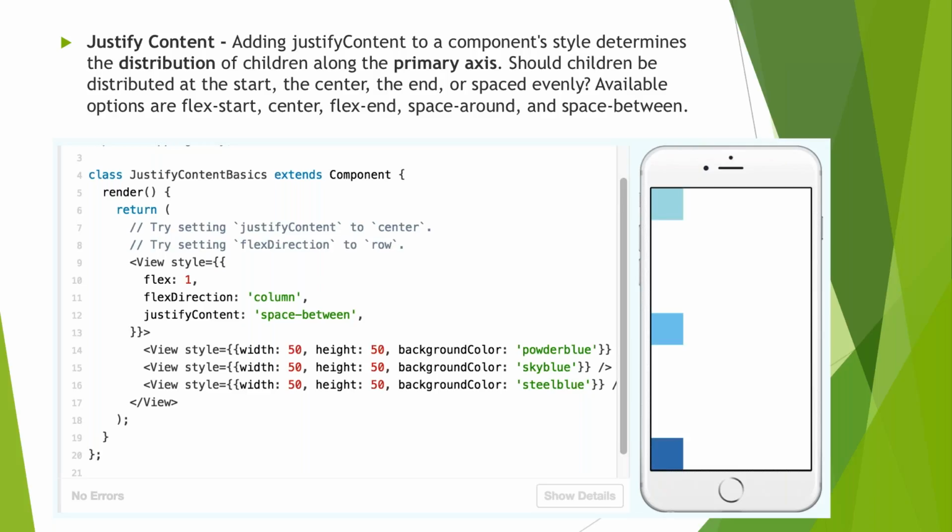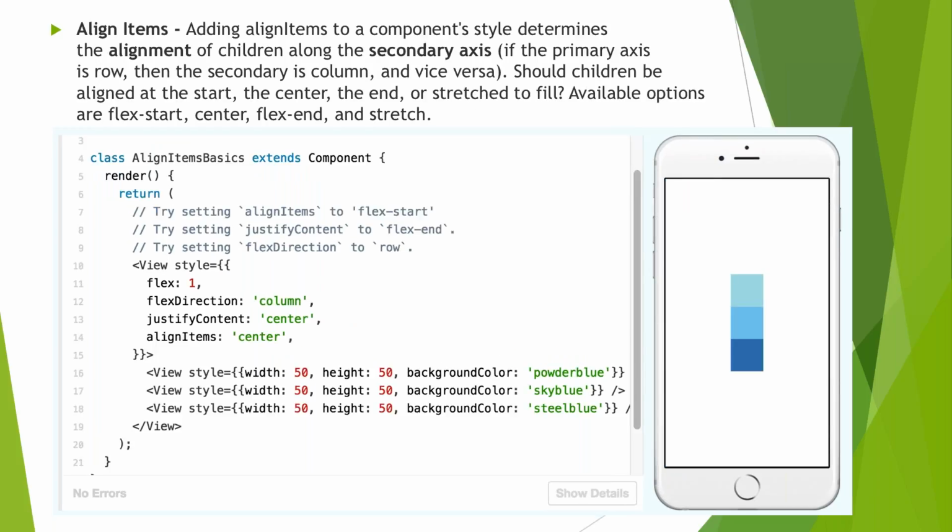Okay, pretty straightforward. Similarly, there is something called align items. These are again your HTML properties, but some values, like center, are accepted in React Native, while some might not be accepted, so you have to be careful with that. In this case, I give flex direction column, justify content center, and align items center.